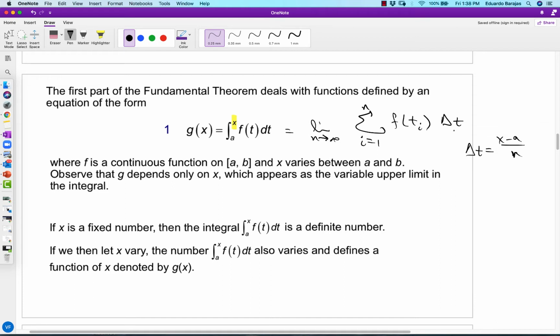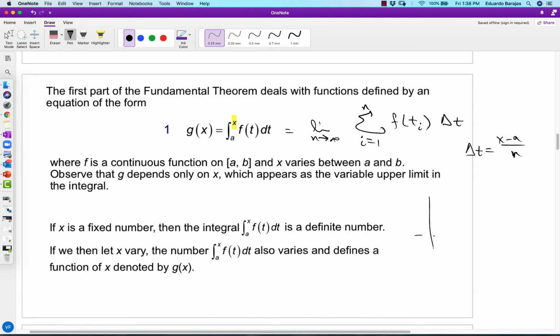So we need a little width of each rectangle, we need a height of each rectangle, and that's what this represents. So this variable t goes back to being a value in the subset below the function where you're trying to find an area.